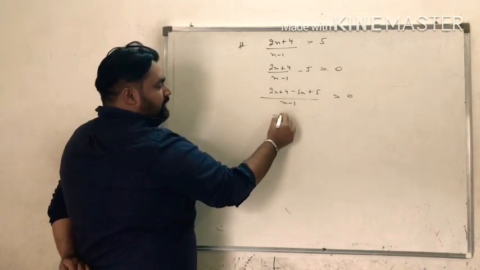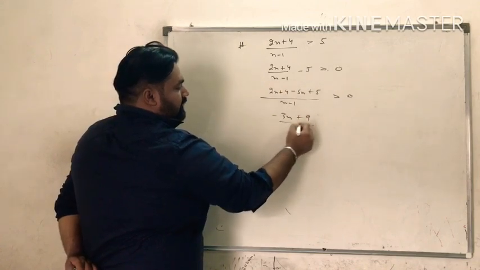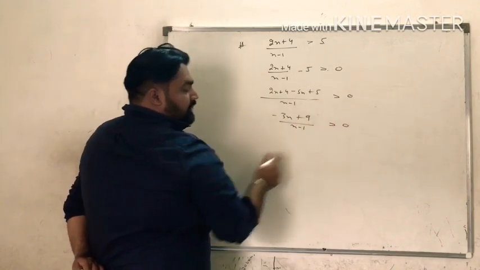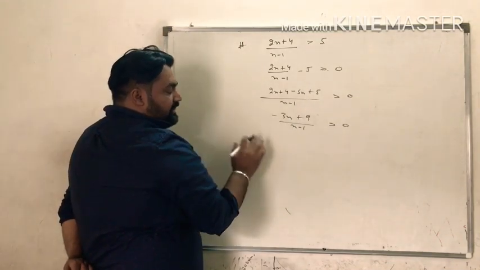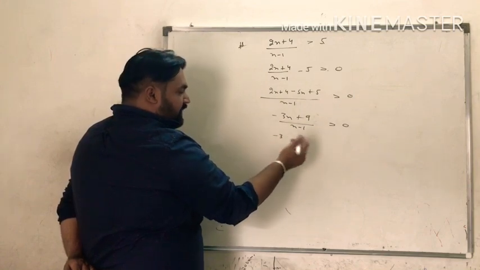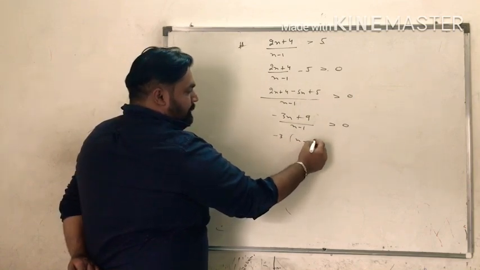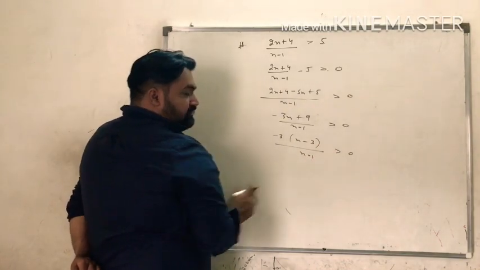Now 2x minus 5x is minus 3x, 4 plus 5 is 9, upon x minus 1 greater than 0. Now we know there is no number or negative sign with the x. So we take minus 3 common from numerator. So x minus 3 upon x minus 1 greater than 0.